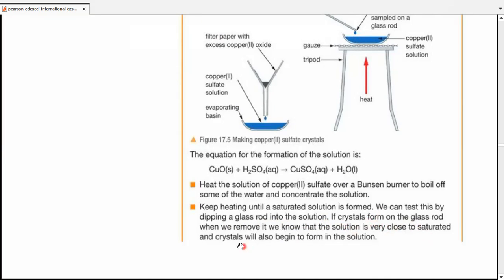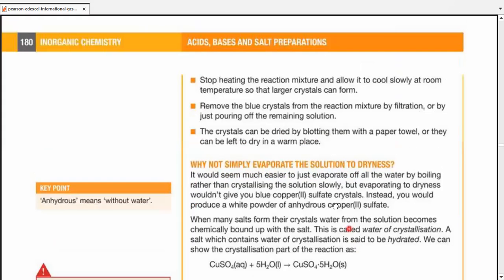If crystals form on the glass rod when we remove it, we know that the solution is very close to saturated and crystals will begin to form in the solution. That's the point where we stop heating the mixture. We allow it to cool slowly at room temperature so that larger crystals can form. Remove the blue crystals from the reaction mixture by filtration or by just pouring off the remaining solution. The crystals can be dried by blotting them on a paper towel, or they can be left to dry in a warm place, maybe under the sun, maybe in a slightly heated oven.